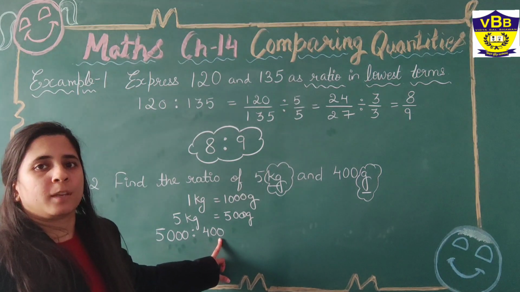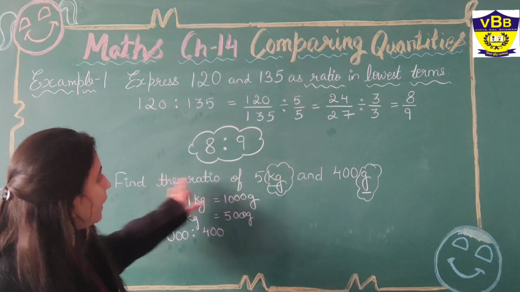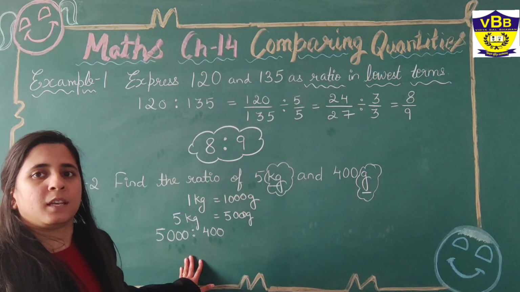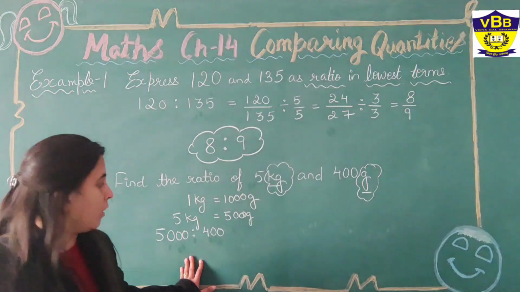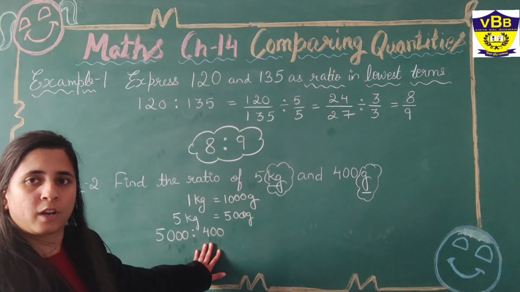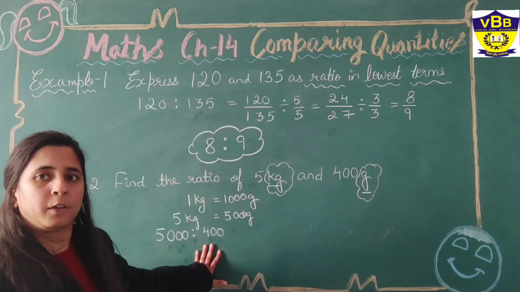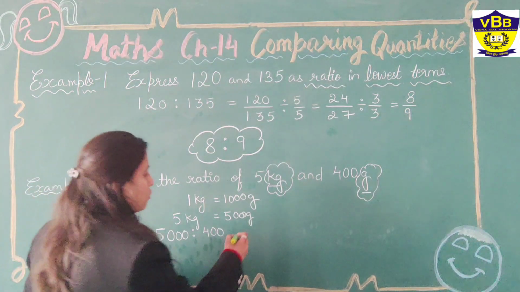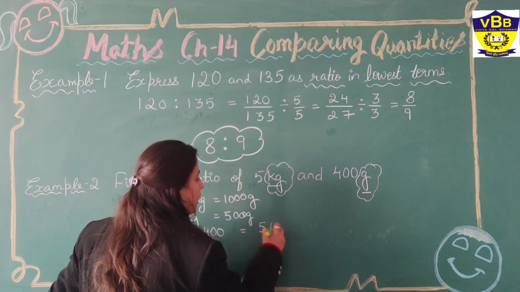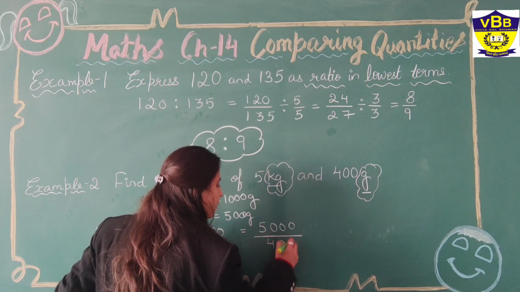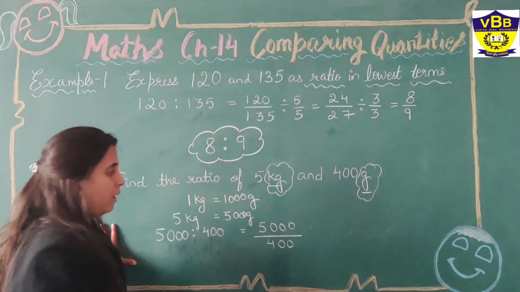Next thing you need to keep in mind is that when you are writing a ratio, make sure that it is always in its lowest form. We know 5000 and 400 are not in their lowest form, so we need to convert them into the lowest form. First step, convert it into a fraction. It will become 5000 upon 400.